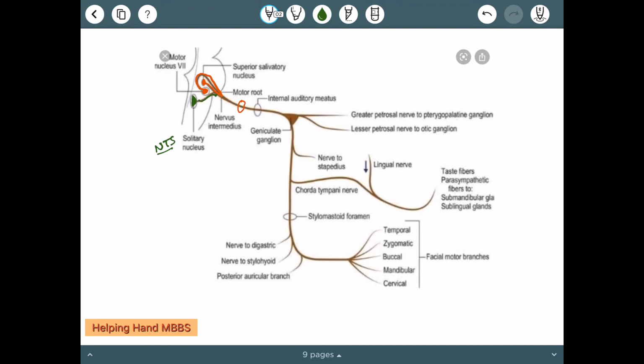What you need to know here is that nucleus tractus solitarius is responsible for taste sensation. So whichever branch from the anterior 2/3 of tongue will give fibers to this NTS. And what you need to know for superior salivatory nucleus is that it is responsible for the parasympathetic supply of sublingual and submandibular gland.